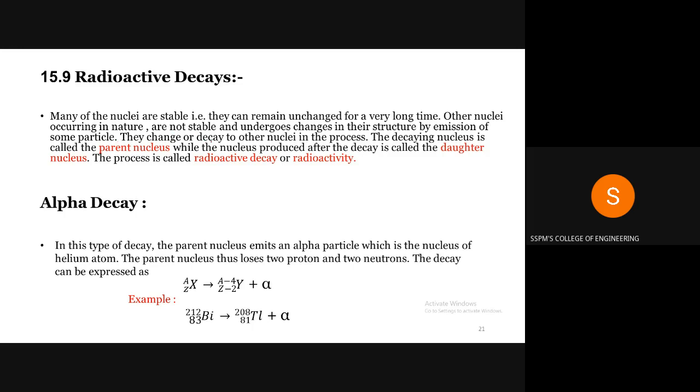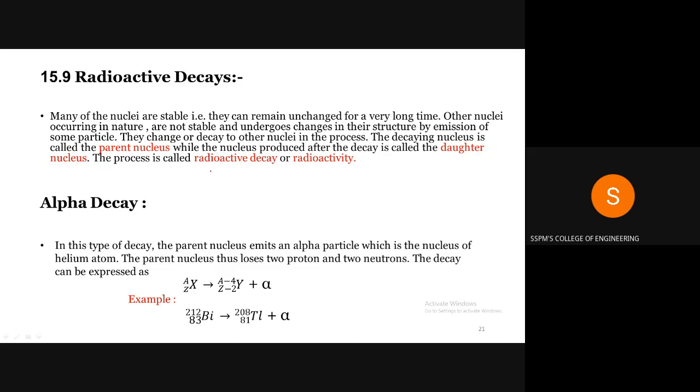They change or decay to other nuclei in the process. The decaying nucleus is called the parent nucleus, while the nucleus produced after the decay is called the daughter nucleus. The process is called radioactive decay or radioactivity. Radioactivity is simply the spontaneous emission of radiations, such as alpha particles, beta particles, and gamma rays.